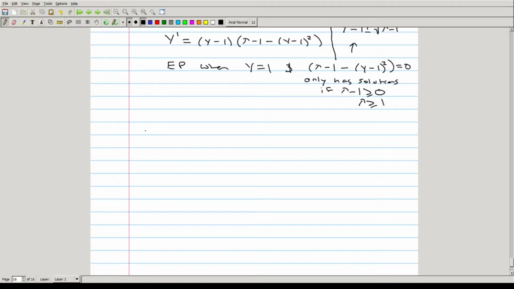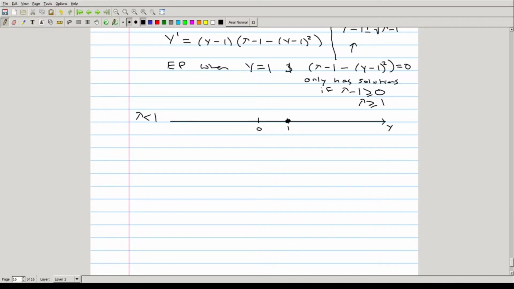So what we're seeing here is that if lambda is less than 1, we have one critical value, and the phase line looks like this. So this is y equals 0, y equals 1.